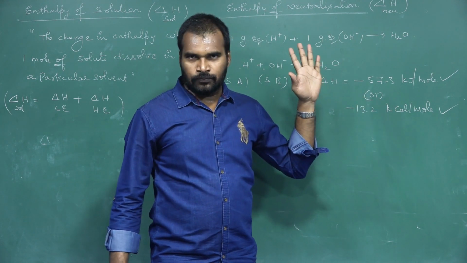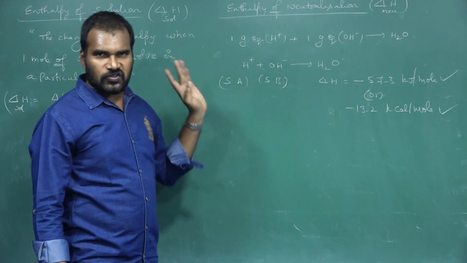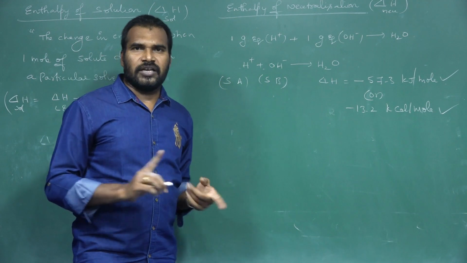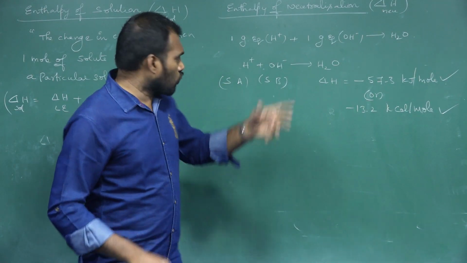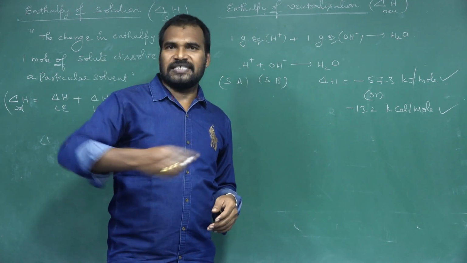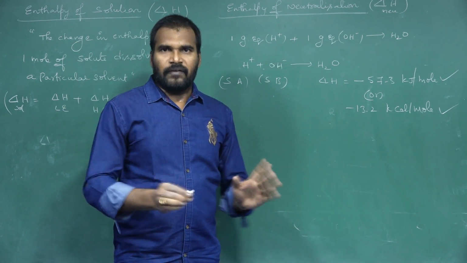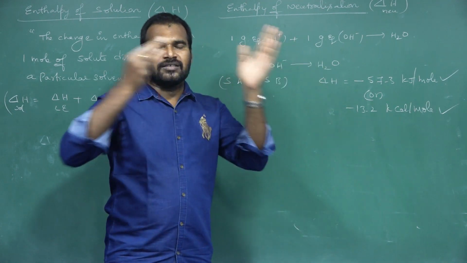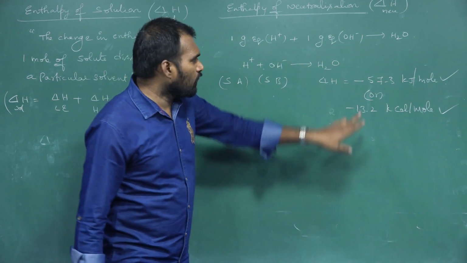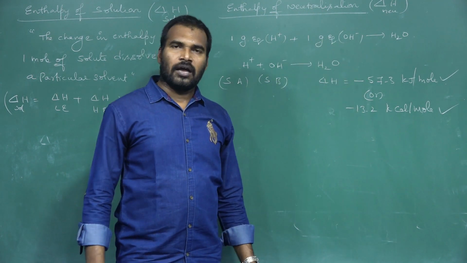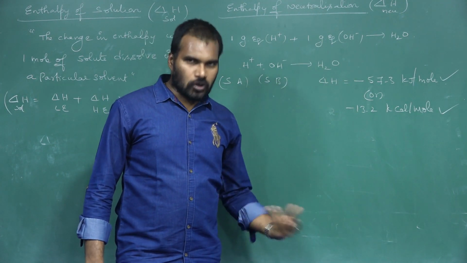It's a fixed value. Whatever may be the salt, you take any strong acid, HCl, HNO3, H2SO4, or strong bases, NaOH, KOH, cesium hydroxide, whatever it may be. Whenever 1 gram equivalent of strong acid is mixed with 1 gram equivalent of strong base, always the change in enthalpy is 13.2 kilocalories or 57.3 kilojoules.